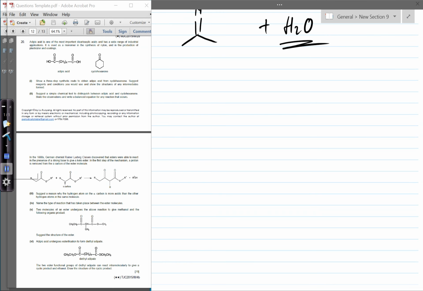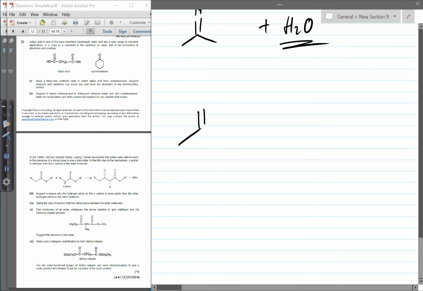So why is the alpha carbon more acidic? Okay, can you still remember? In fact, I already placed a section on this, right? Why is this acidic? I compared it with your carboxylic acid, correct? So I first asked, why are carboxylic acids acidic?